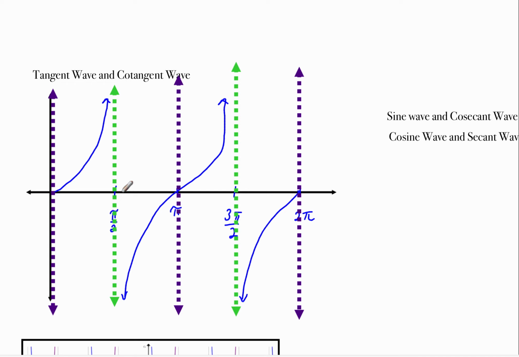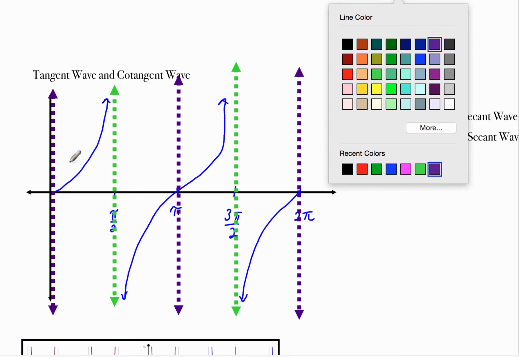But whoa, whoa. Remember here? This is where the tangent wave was, sorry, undefined. My bad, I'm getting ahead of myself. Undefined means it was 1 over 0, and if I flip 1 over 0, it becomes 0 over 1. So the cotangent wave is actually defined where the tangent wave is not defined. Wow. So that is why the cotangent wave is going to look like this.